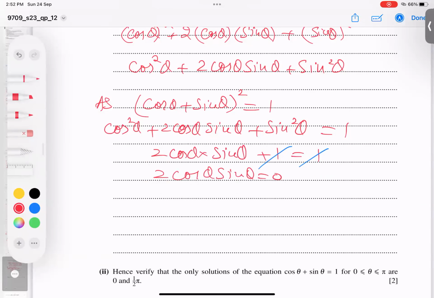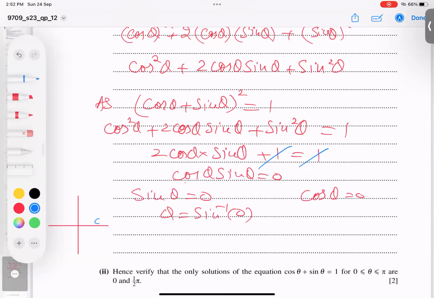Okay, now what to do onwards? This 2 will go under 0, it will finish automatically, so don't waste time. So either sine or cos is equal to 0, anyone 0. So I can say sine theta equal to 0 or cos theta is equal to 0. When you take sine inverse of 0, what angles do we have? 0. Okay, for your knowledge, this is a very important cross. I just write all values.